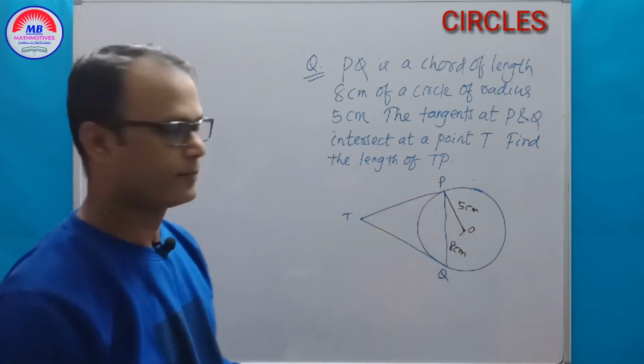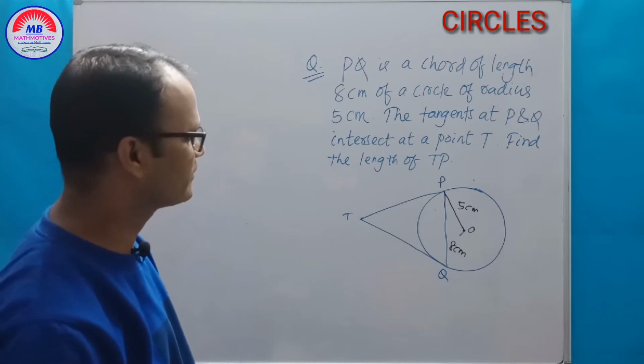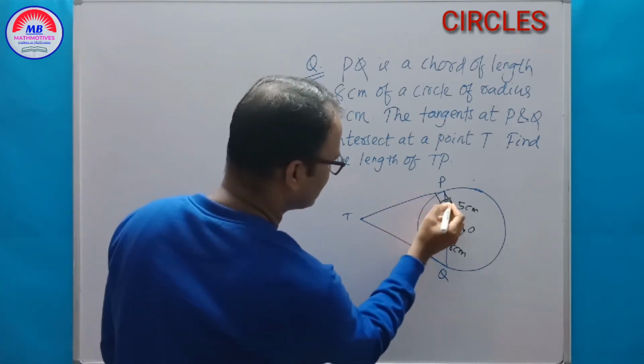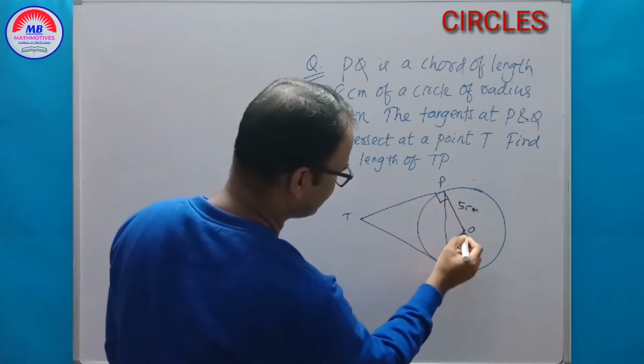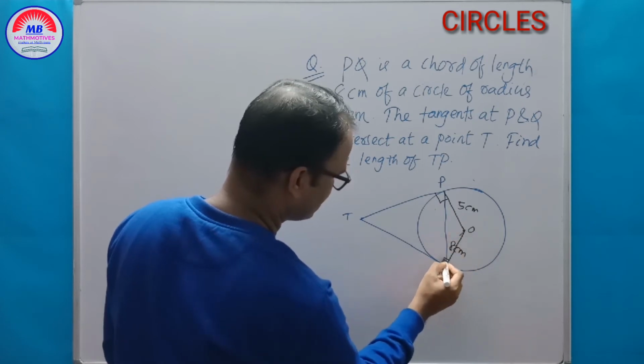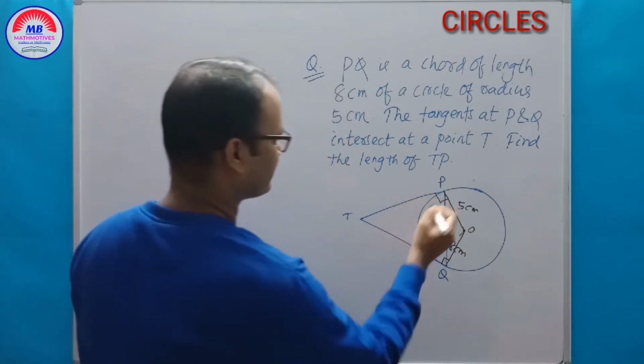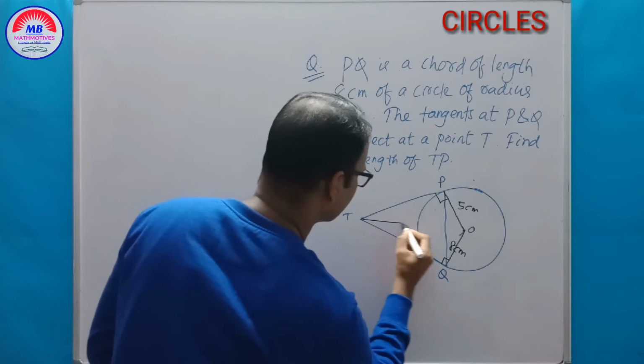You see, this angle in this figure is 90 degrees. We join this one, it is also 90 degrees. Now join this one.